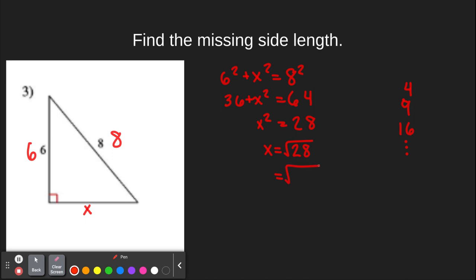So you get square root of 28 equals the square root of 4 times 7. Now we can pull that 4 out. The square root of 4 is 2. And so the square root of 28 is the same as 2 times the square root of 7. And that is it.